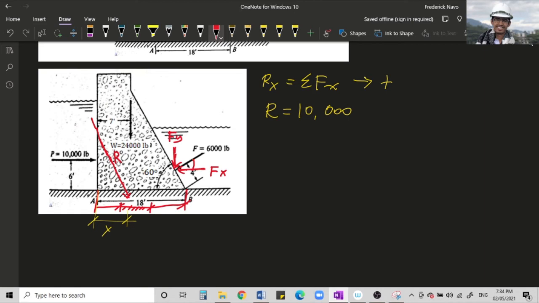Tama? So perpendicular siya. So i-drawing ko lang. Yan. So ito, yung dam natin 60 degrees and yung force F natin perpendicular siya dito sa inclined surface, no? So automatic this is 90 degrees, tama? So if this is 60 degrees, this is 90 degrees. So ano yung matitira dito sa horizontal? Angle natin. No?